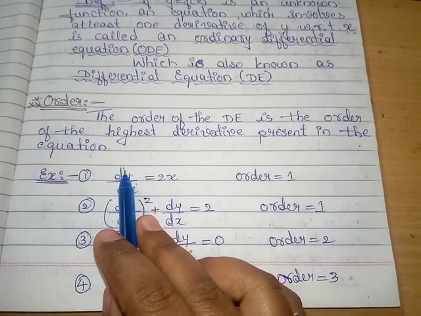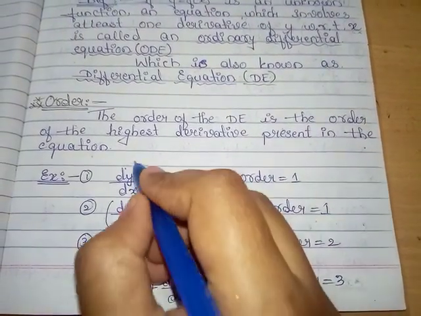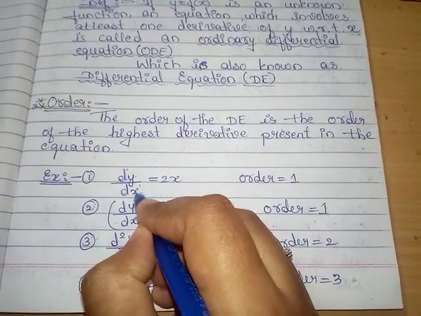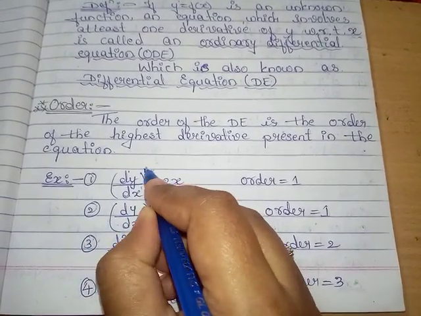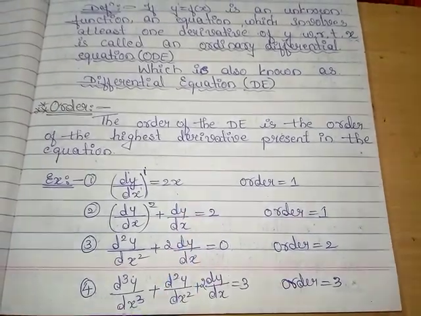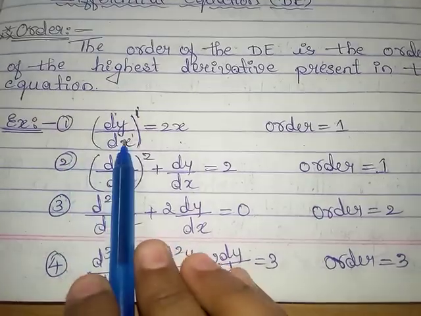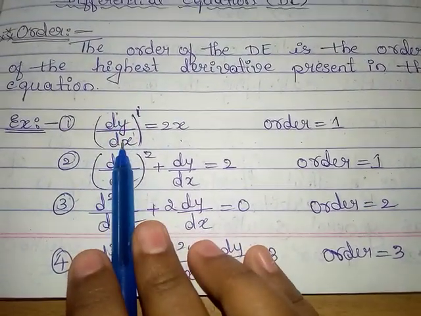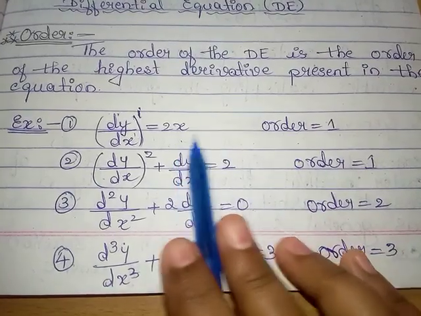Here the highest derivative is 1, therefore the order is 1. In the first example we have a first derivative, therefore the order of this equation is 1.